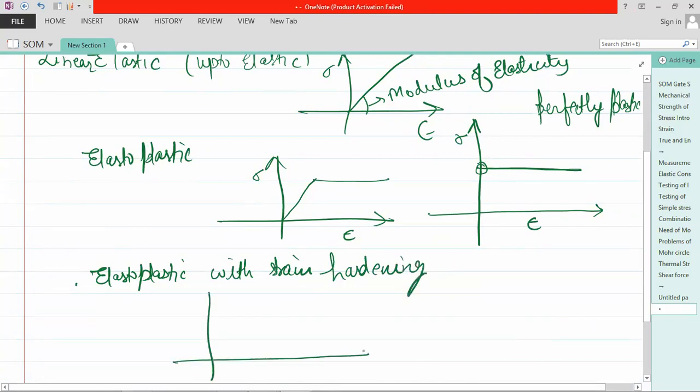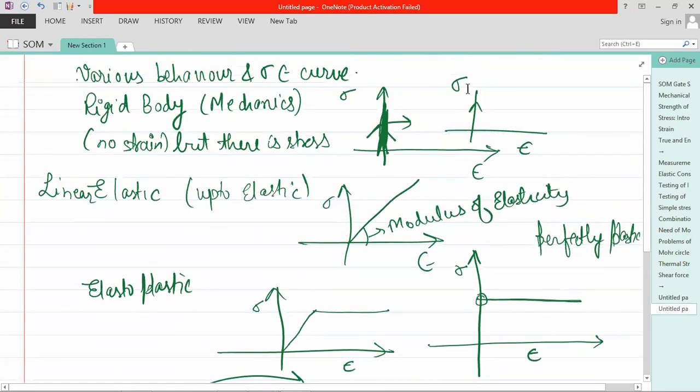So this is like sigma epsilon, and it will go like this. Although it is plastic, it is plastic with strain hardening, hence it will go like this. So these few things you need to remember, and this will help you because it will come directly in your exam.